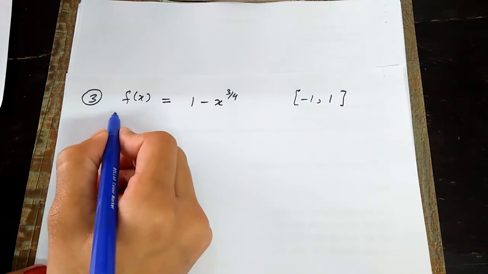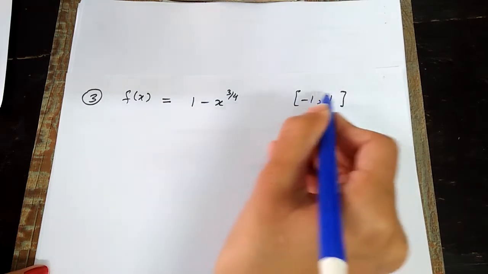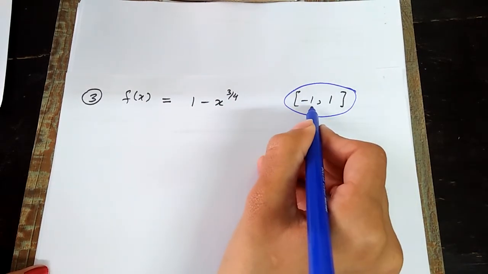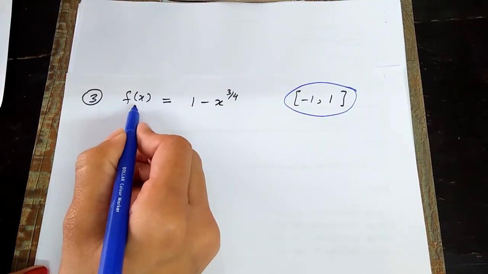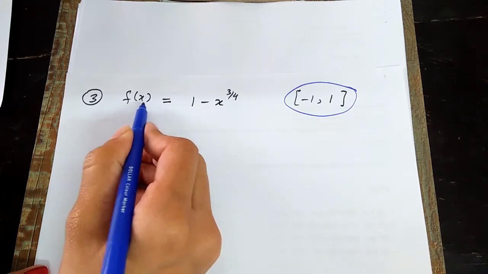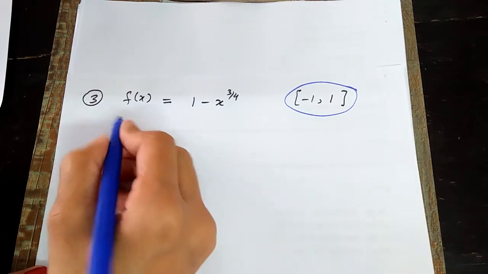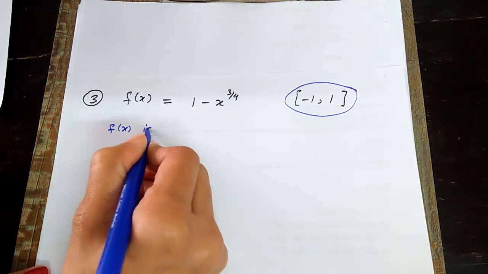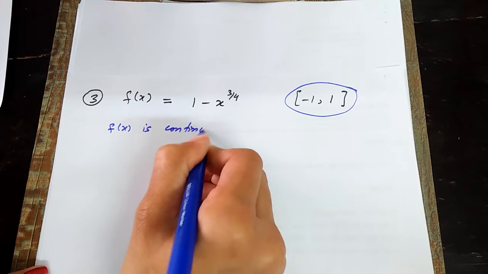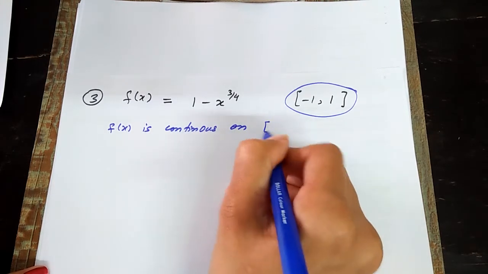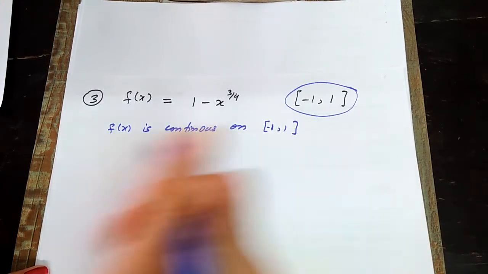Now you see, if you use any x value from here, you will not get any discontinuity or undefined value on this function f of x. Again, it is a polynomial function. So your f of x is continuous on this closed interval minus 1 to 1.